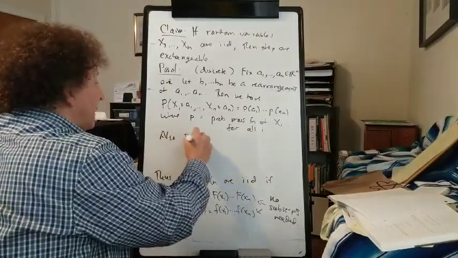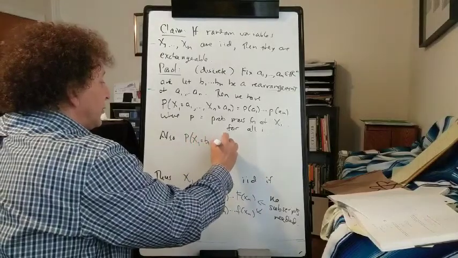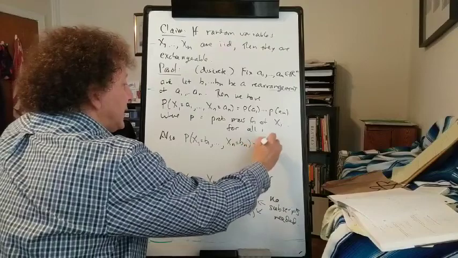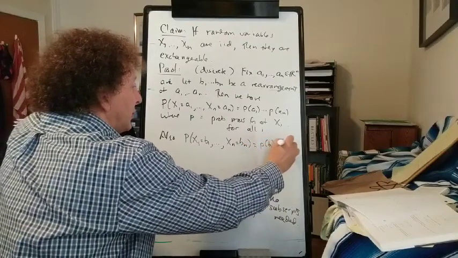Now we also have the probability that X1 equals b1, X2 equals b2, etc., up to Xn being equal to bn is p of b1 through p of bn.